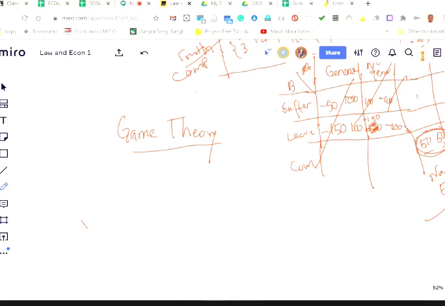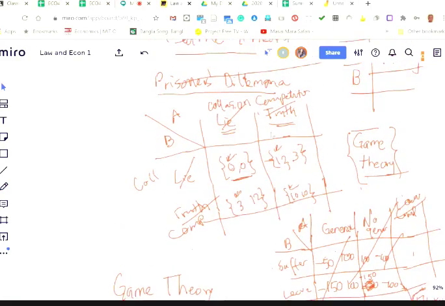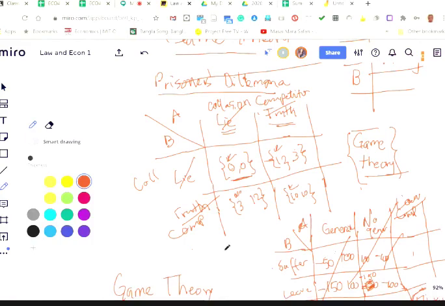And if I look into this particular diagram, we had two strategies. Strategy one was lie and strategy two was telling the truth.